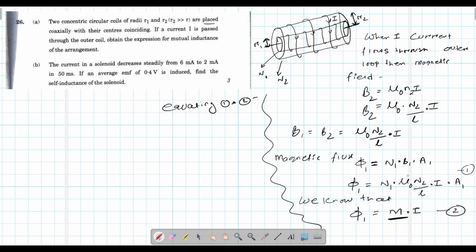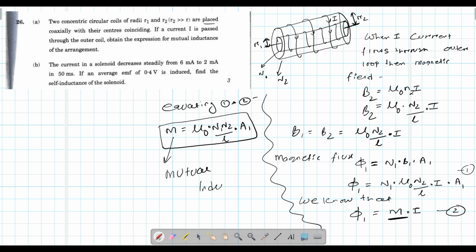M equals mu naught N1 N2 by L into A1. That is the mutual inductance. M is the mutual inductance.